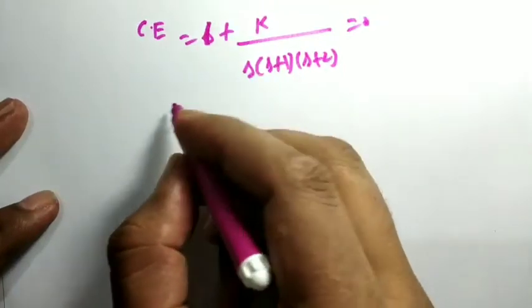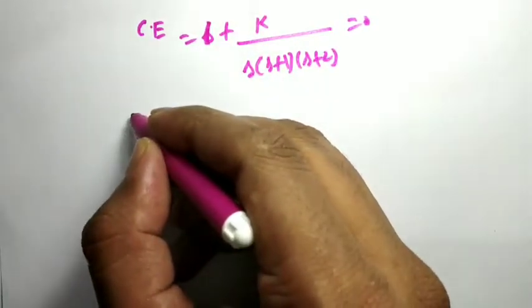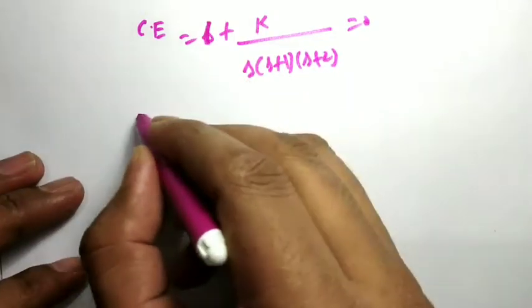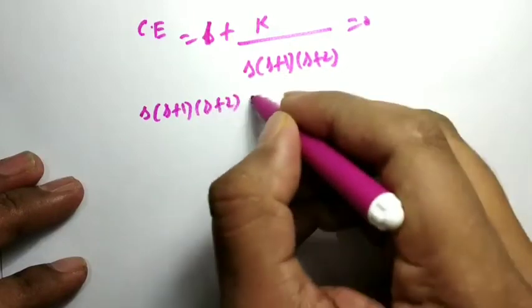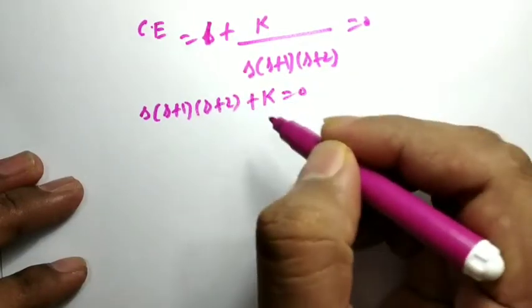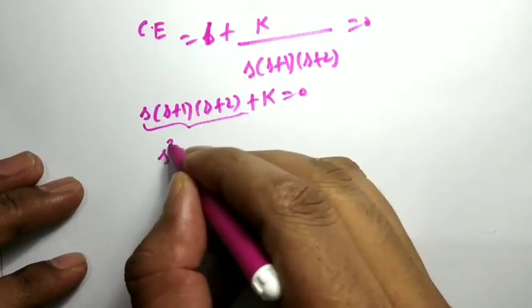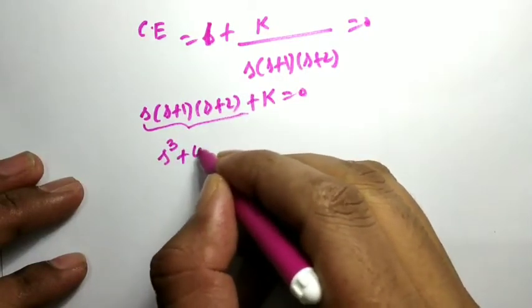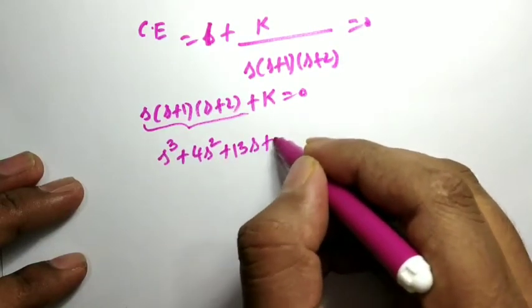So you can write this as s into s plus 1 into s plus 2 plus k is equal to 0, right? So if you multiply this, you will get s cubed plus 3s square plus 2s plus k is equal to 0.